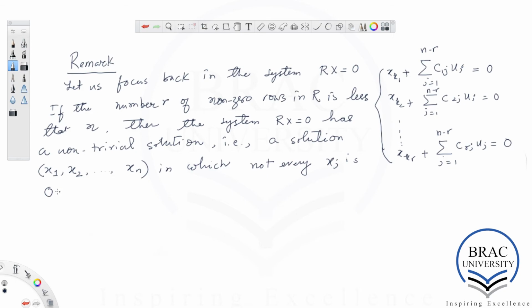Okay, that's what we mean by non-trivial solution. So a trivial solution means that all the entries in this n-tuple are 0. That's what we mean by a trivial solution. Okay, so what we are saying in this remark is that if the number of non-zero rows in the row reduced echelon matrix R is strictly less than n, then of course there is a non-trivial solution.